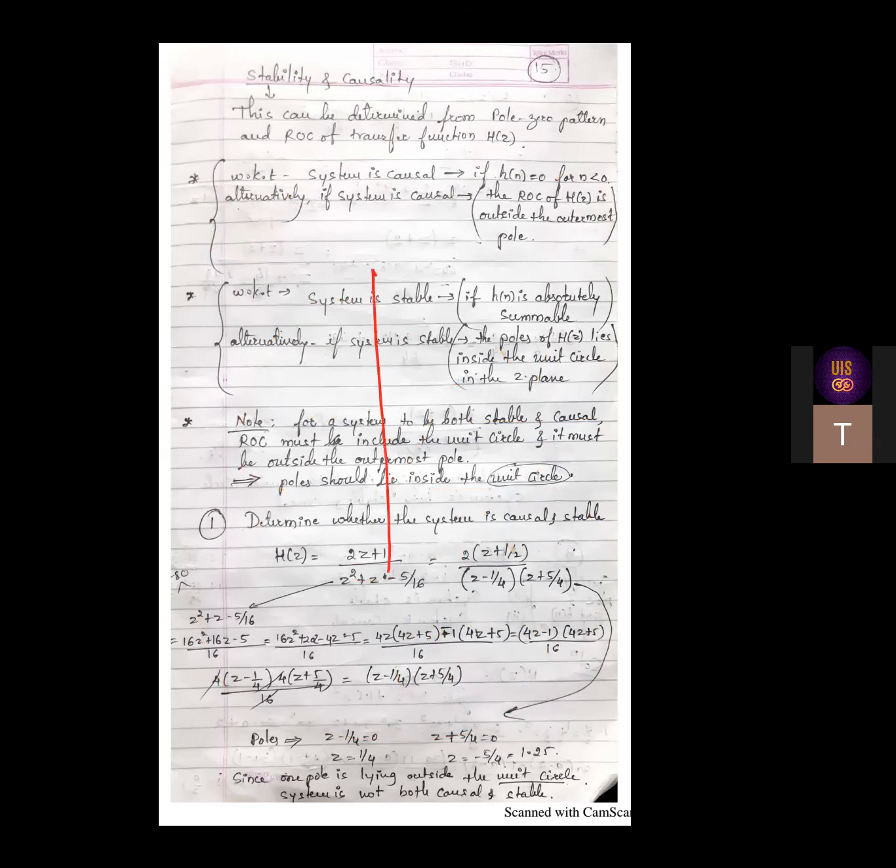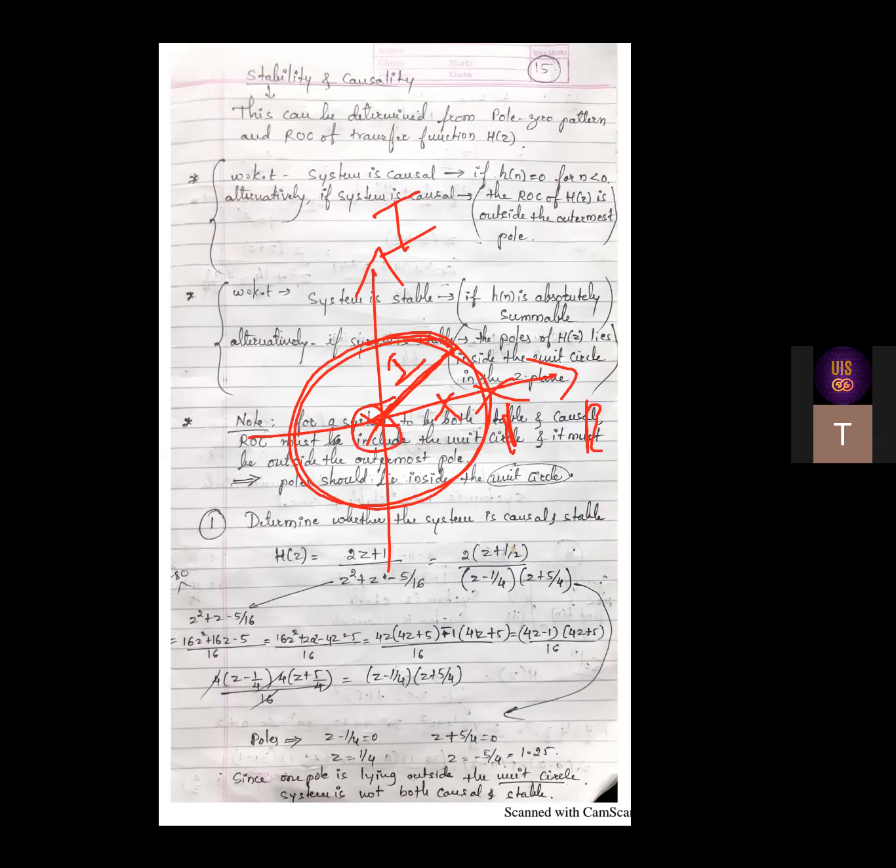Assume that this is your Z plane and this is your unit circle. Remember, the unit circle, that is the radius of value 1, will be used here in order to indicate the ROC. This is your real axis and this is your imaginary axis. Assume that you have 3 poles somewhere here; I have marked 3 points.